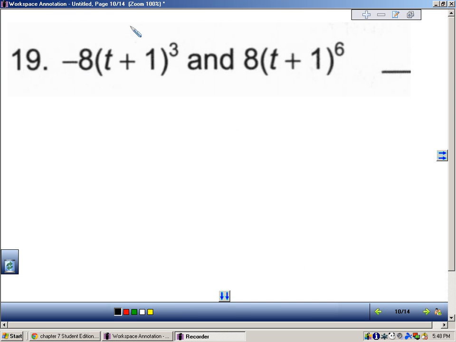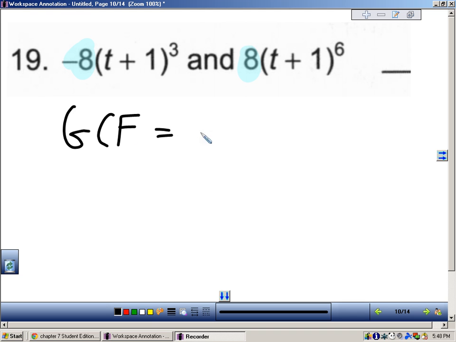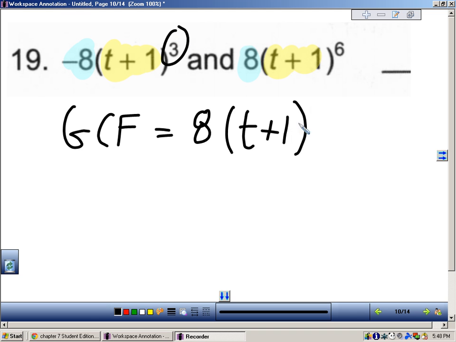Okay, same idea here. In fact, I have 8 as the greatest common factor. And t plus 1 is the expression that they have in common. What's the lowest power? 3 or 6? 3. There's your GCF.